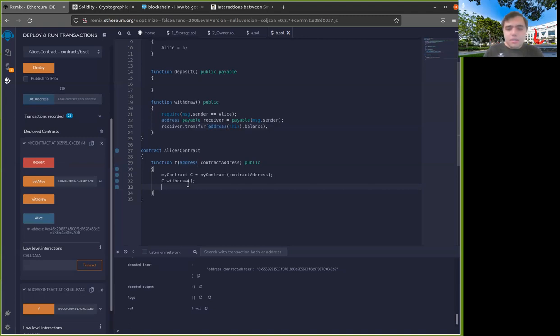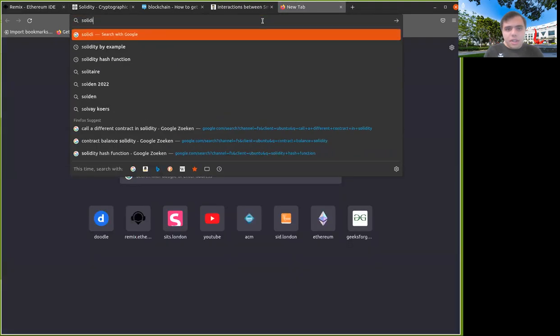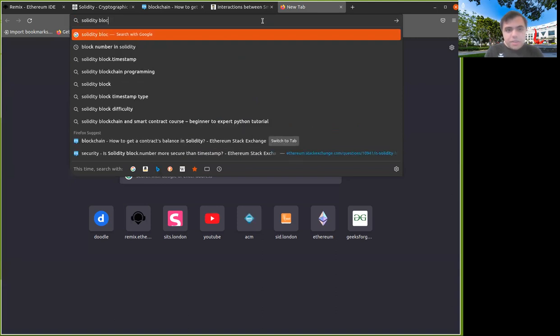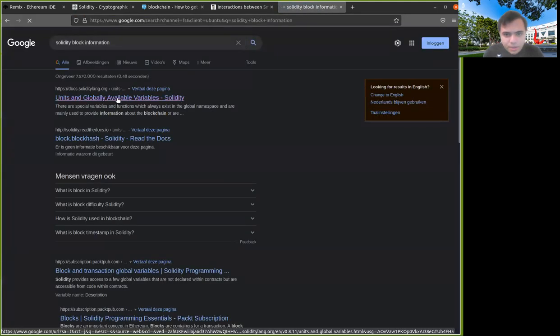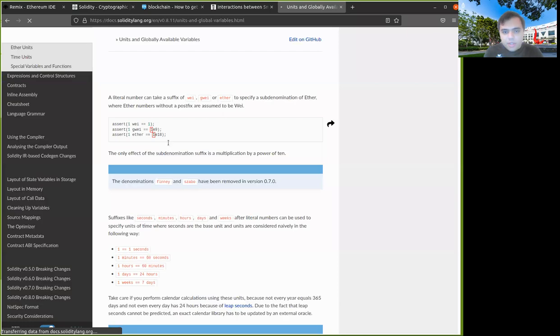But I can also access other things. And so let me see if I can find a list. So I can just say Solidity block information, or okay, globally available variables.